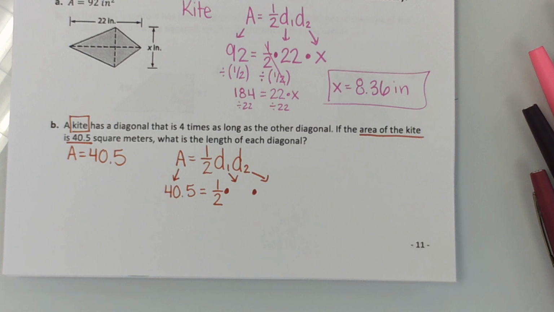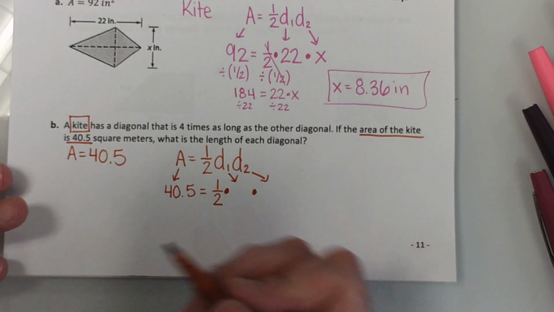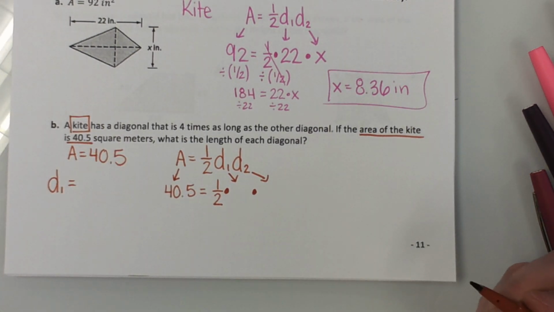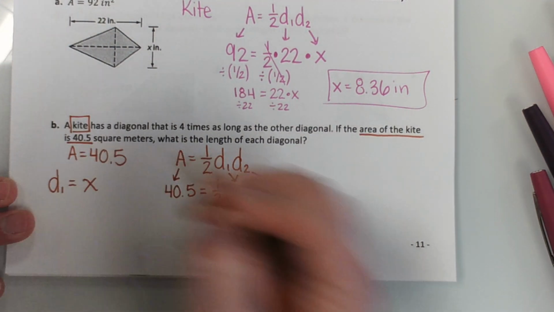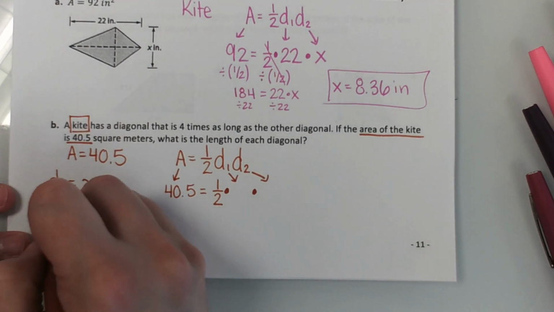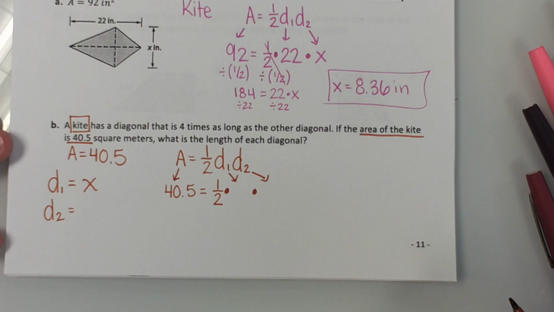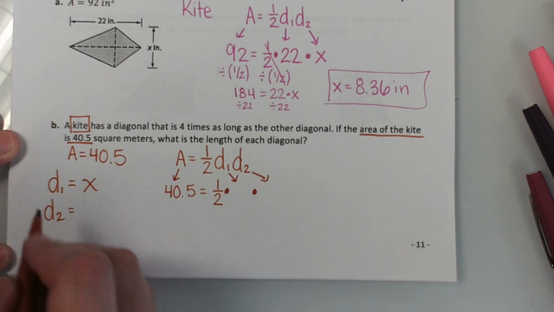Now, I don't want to use 2 different variables. You can't solve one equation with 2 variables. But here's what you can do. Start with one of the diagonals. Call it a variable. I like x. And then for the other diagonal, pay attention to what it said.